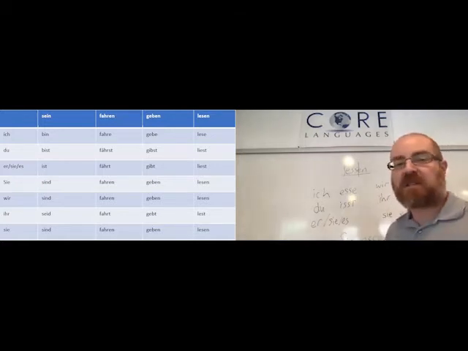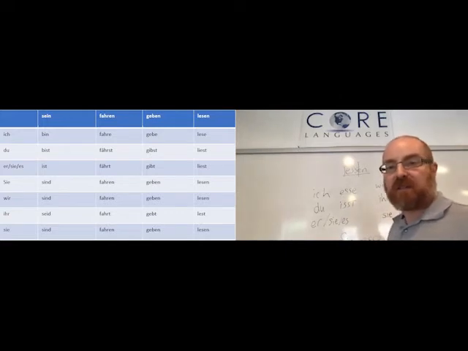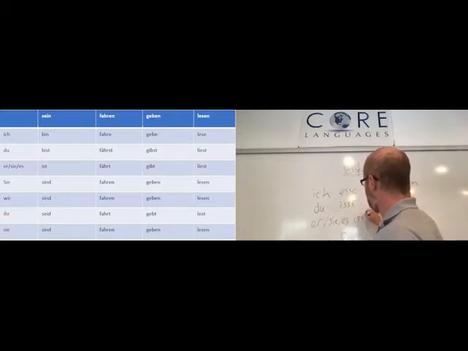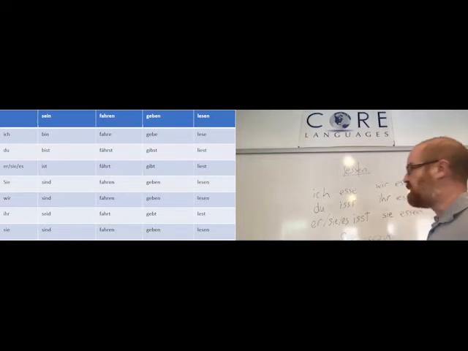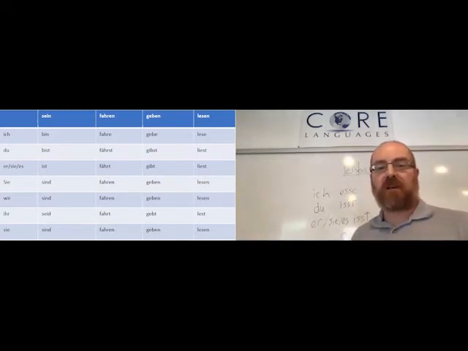In those cases, we just add a t instead of the st, because three s's don't make any difference in the sound or pronunciation. For the er/sie/es form, we add our t, and so we see that the du and the er/sie/es forms look identical to one another for this particular type of stem vowel change verb.